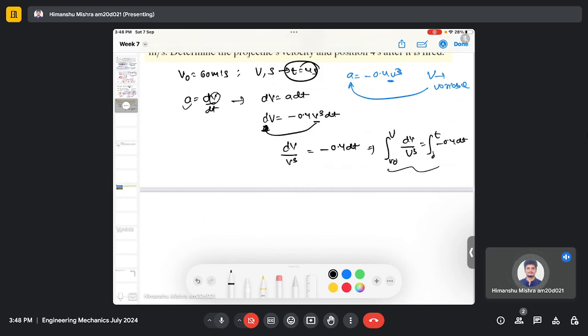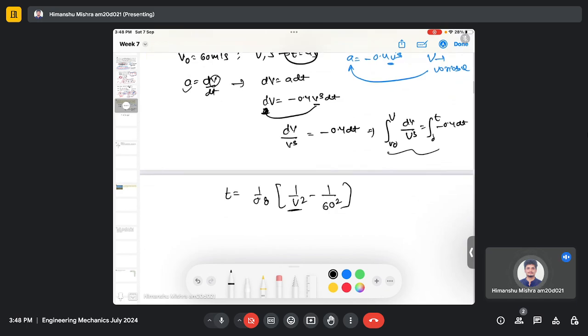I can integrate this to simplify. So I can write this time equals 1 by 0.8, 1 by v squared, and v0 is 60. So I'm writing 60 squared in place of v0 squared. So it will be 0.8 t equals 1 by v squared minus 1 by 60 squared.